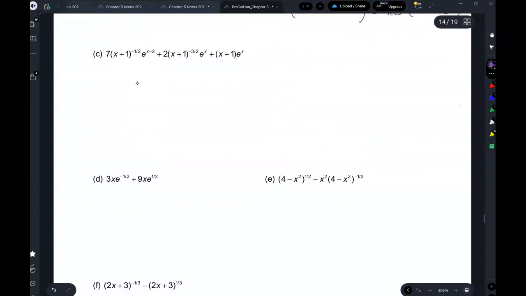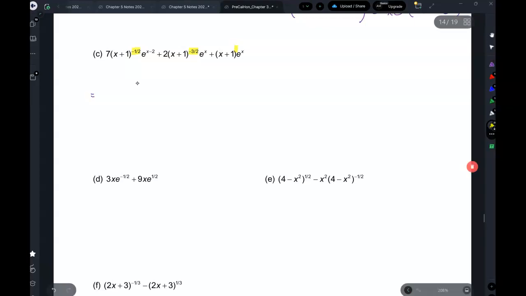All right, so take a look here. The coefficients are a 7 and a 2, so I have nothing to factor out there. Then I have an x plus 1 term with different exponents. I have an exponent of a negative half, a negative 3 over 2, and an exponent of 1. Between these three exponents, the smaller valued exponent is negative 3 over 2.